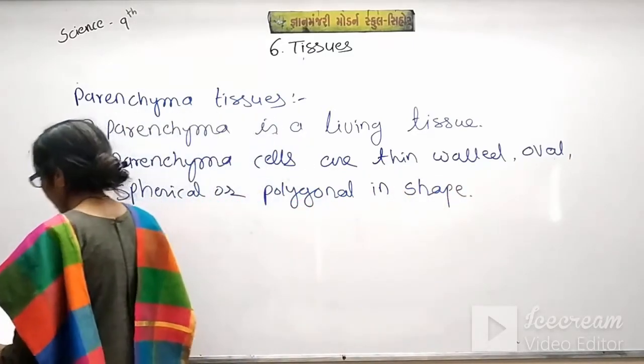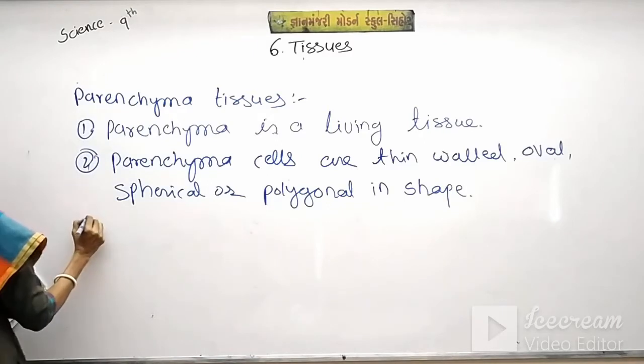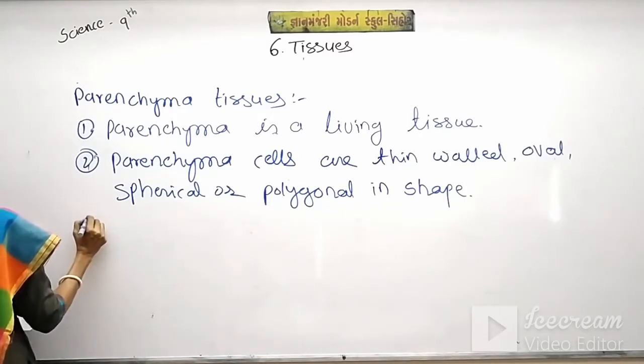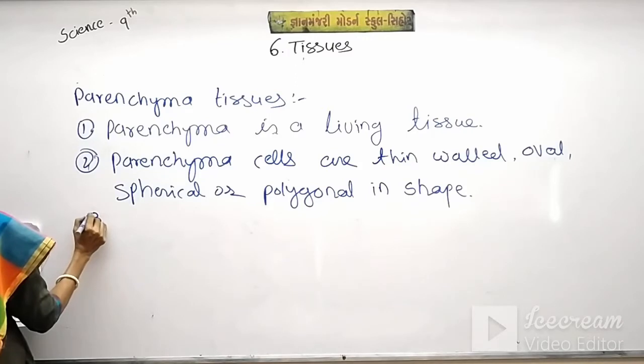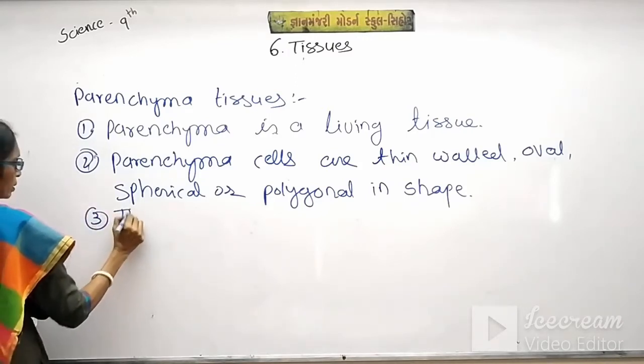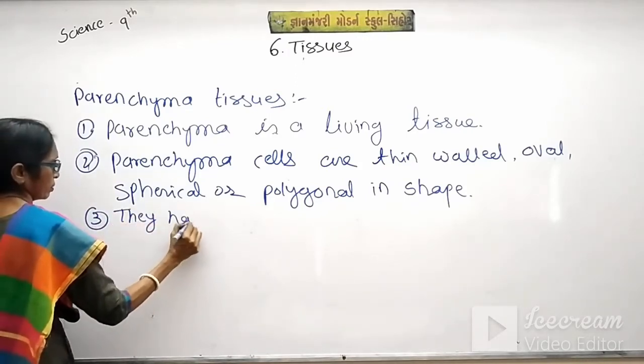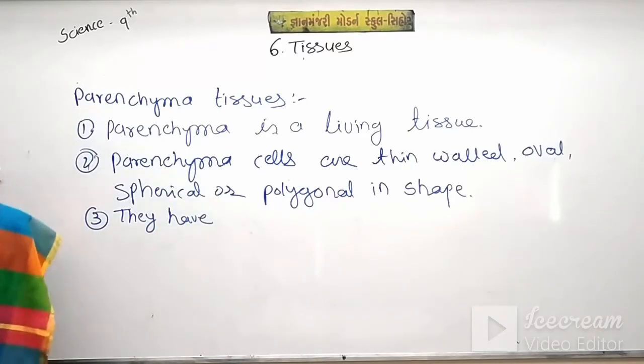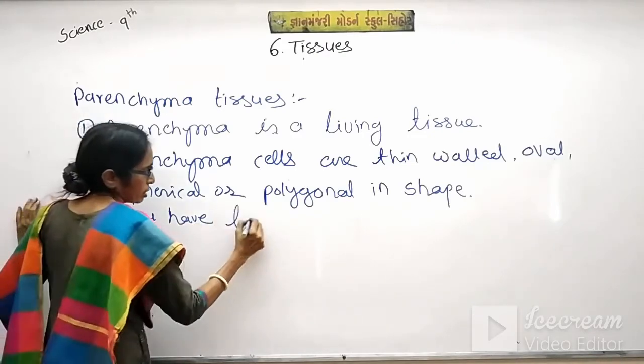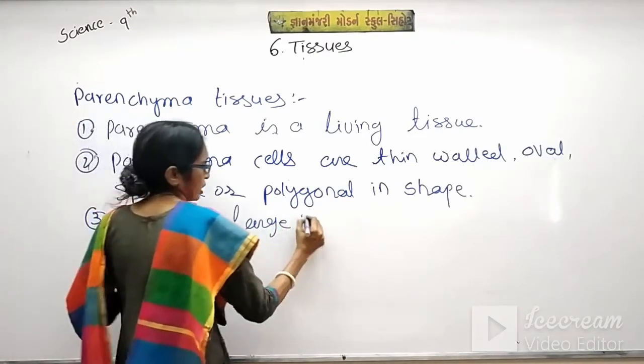This is the second characteristic. Number 3, they have large intercellular spaces.